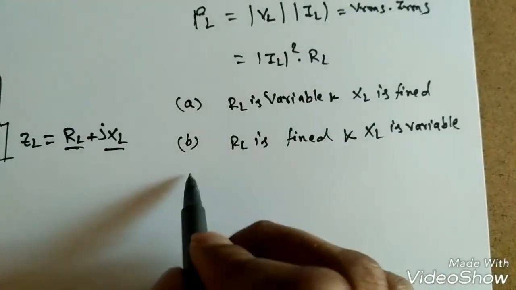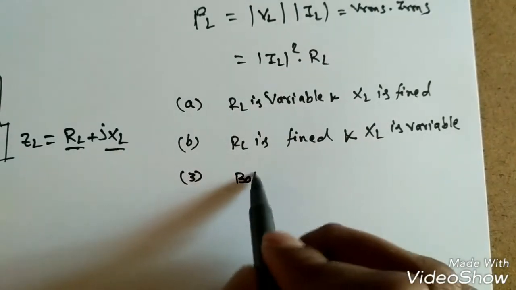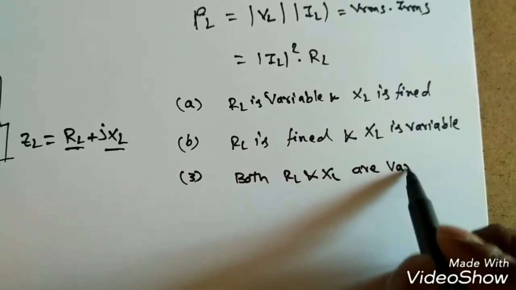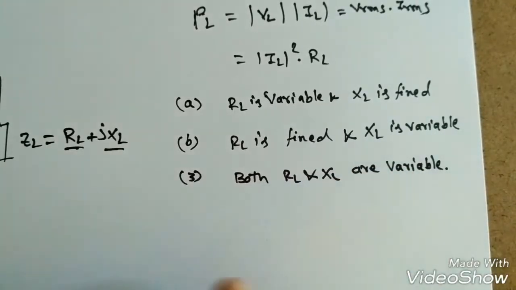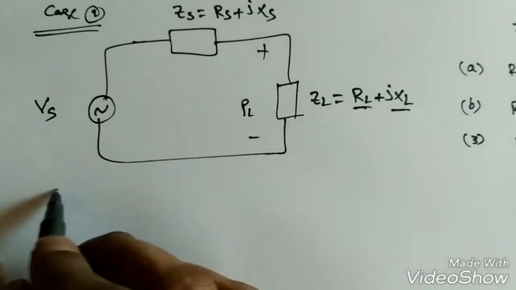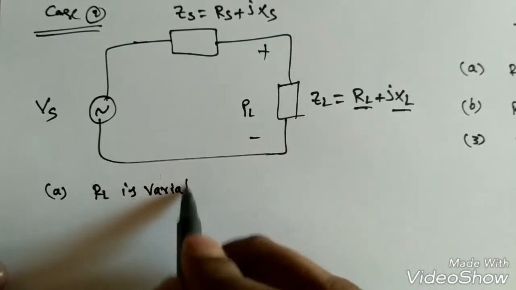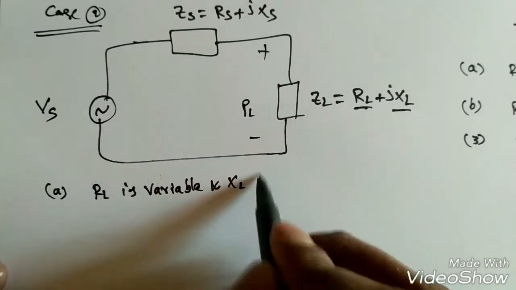The third condition is both RL and XL are variable. Now one by one we have to see. Now case 1, I'm taking RL is variable and XL is fixed.